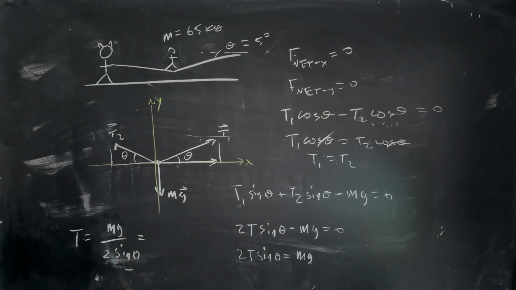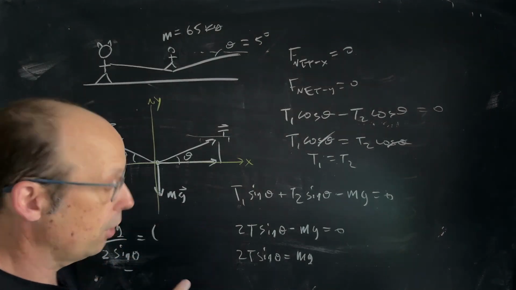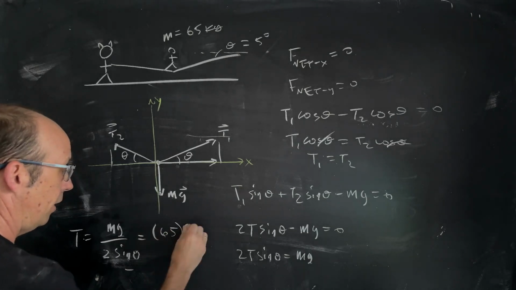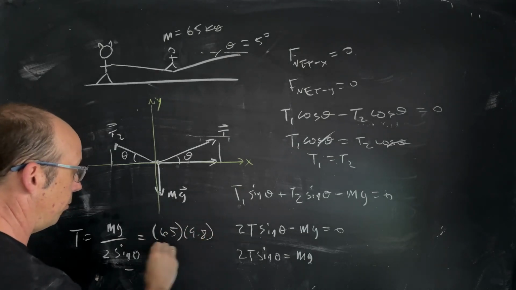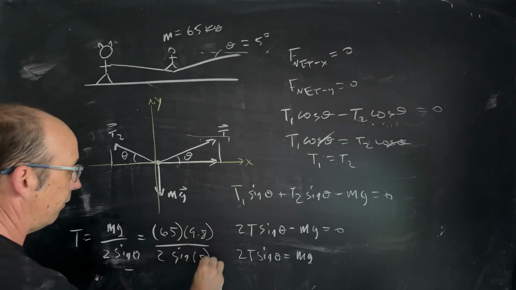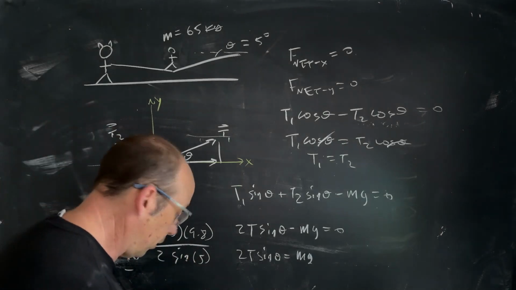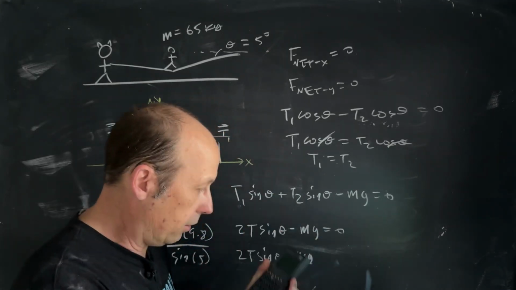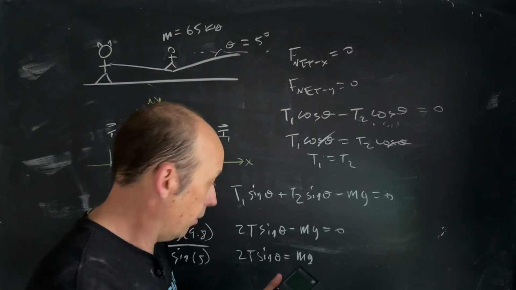So let's go ahead and calculate that. I'm going to put in my values without units. So I have the mass 65, the gravitational field g is 9.8, and then 2 is 2, and then sine of 5 degrees. So let's go ahead and plug that into our calculator and see what we get. You can go ahead and do this as well and see if you get the same thing.